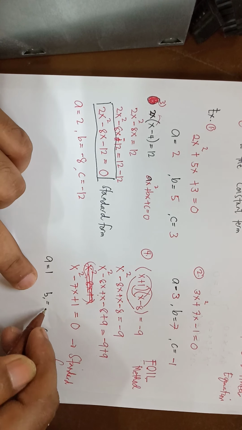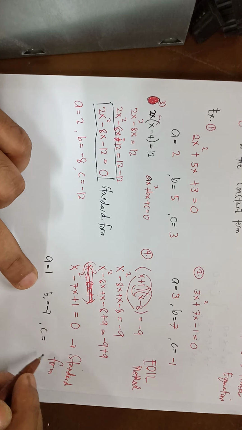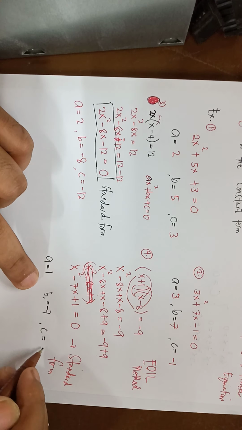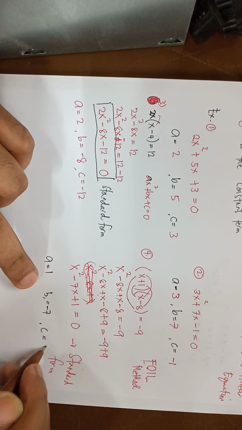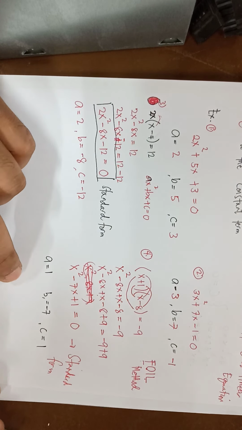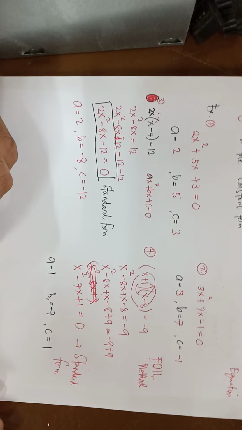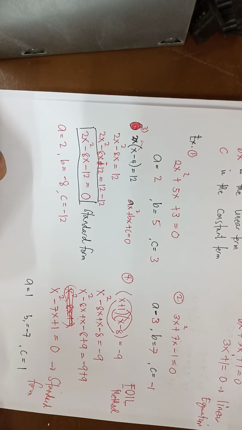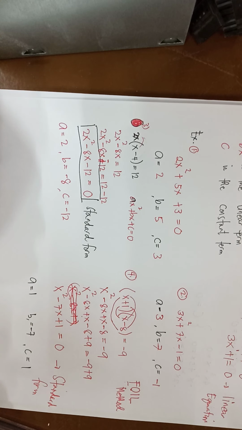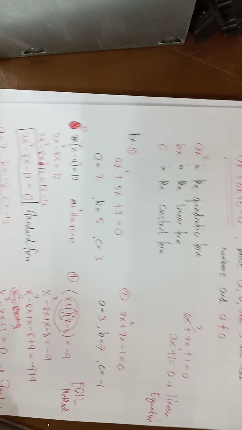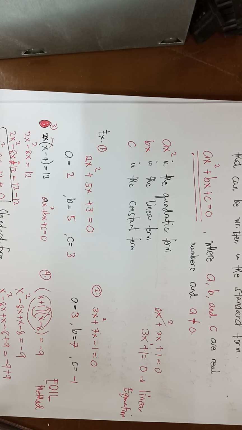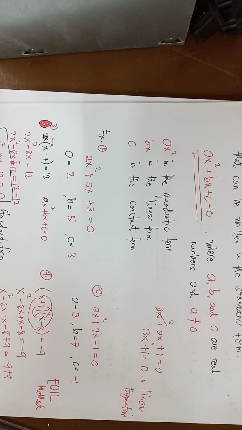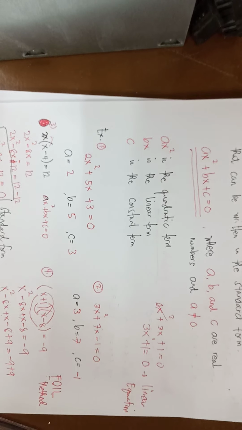In B, we have negative 7. And our C is equal to 1. Okay, so that's how it goes. That's how we are going to transform the quadratic equation into its standard form, and how we are going to identify the values of A, B, and C.